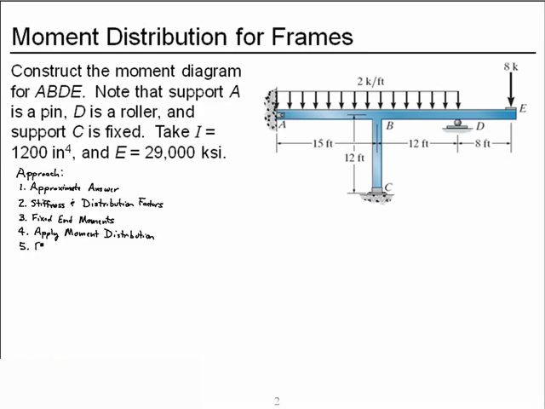With that information, at the end of moment distribution, we'll be ready to find the moments in the frame. With that information, we'll be able to find the support reactions.